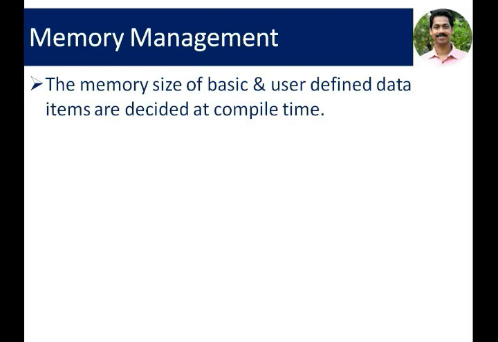For example, for an integer data, the compiler knows its size. For a float data, the compiler knows the size, and similarly for an array or structure, the compiler can calculate the required memory size for that data. That's why the memory size is calculated at compile time.